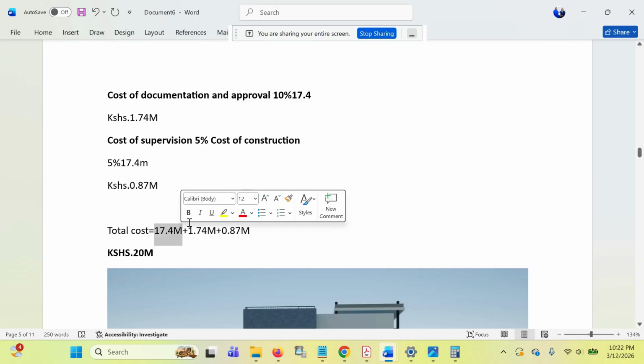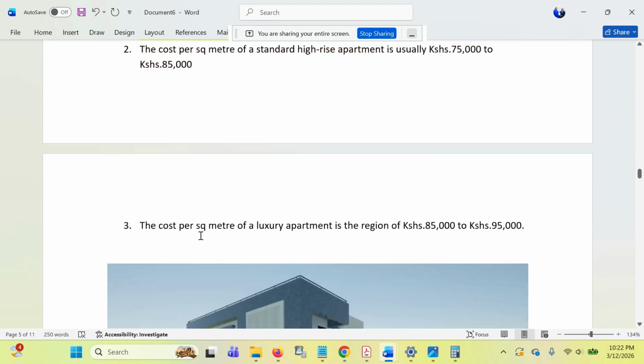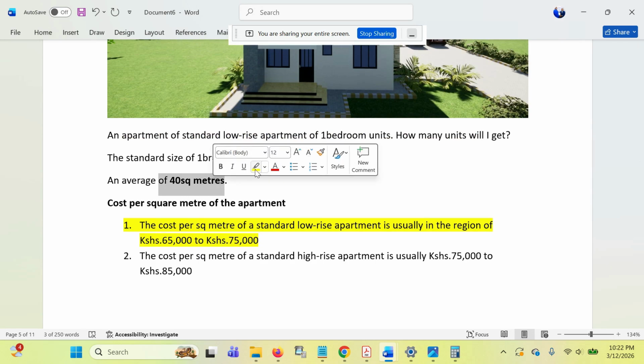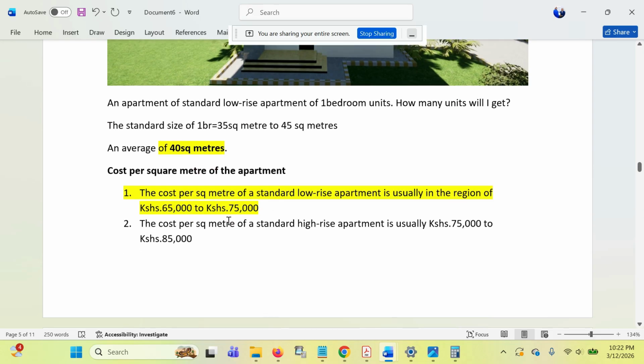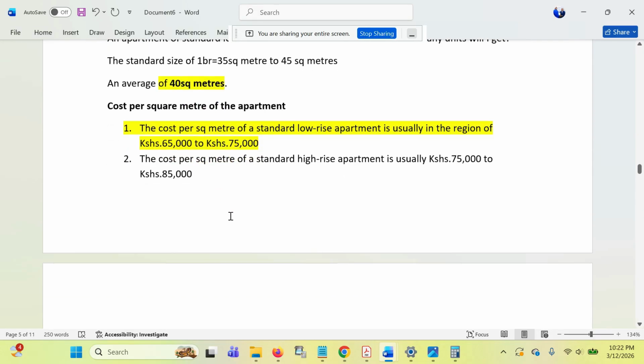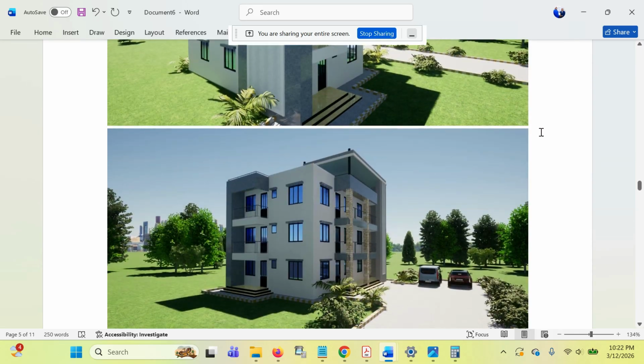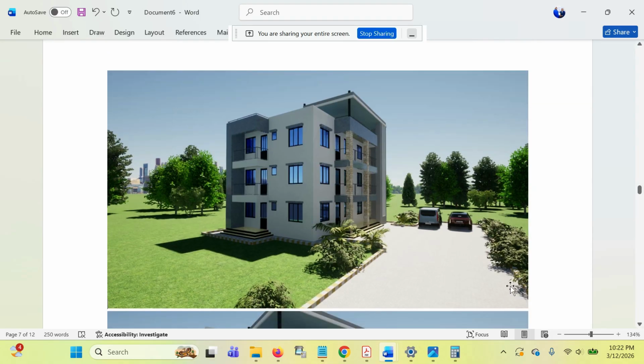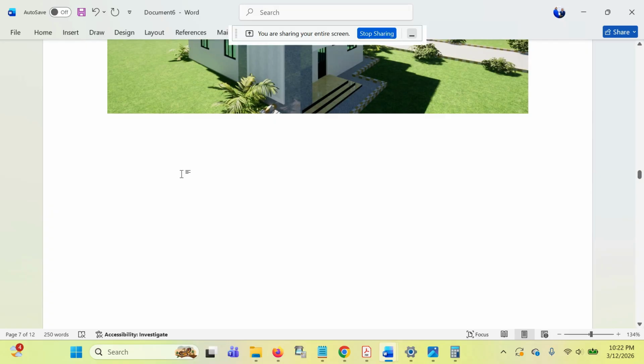And for this, we'll use standard low rise. Remember our budget is 17.4 million. This is the actual amount that we want to use. And we are going for this average size of 40, and we're also going for standard low rise apartment, which is usually this.